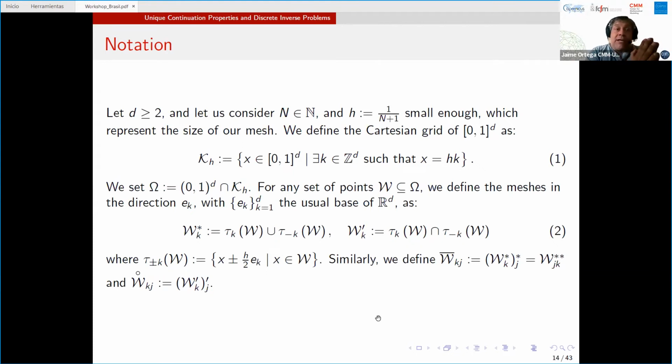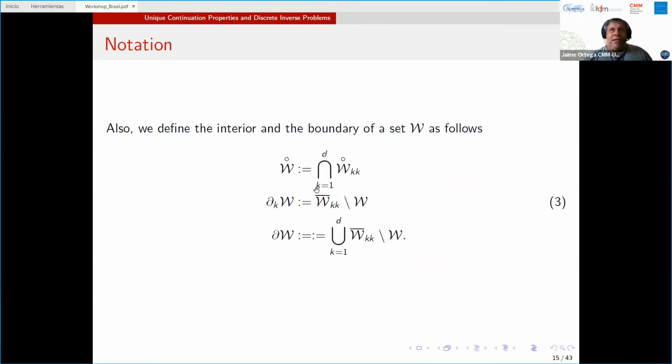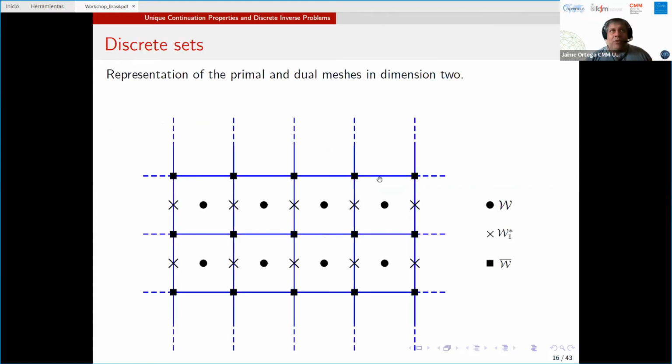We want to have an integration by parts, but in the discrete case with the discrete operators. For that reason, we need to define the interior of the mesh, and also the boundaries of the mesh. So we need to define all these different sets.